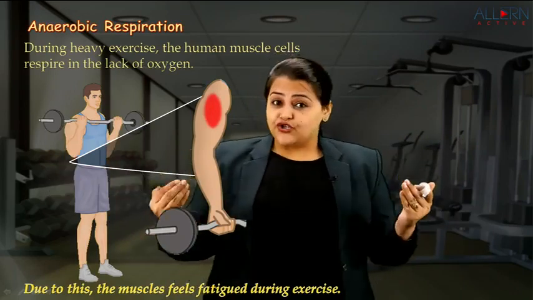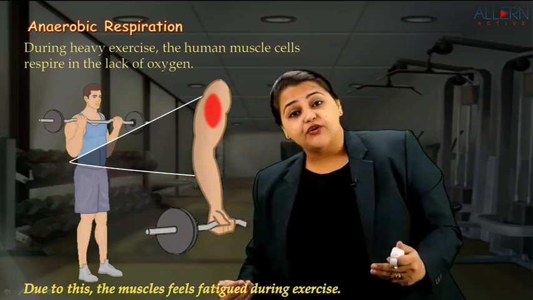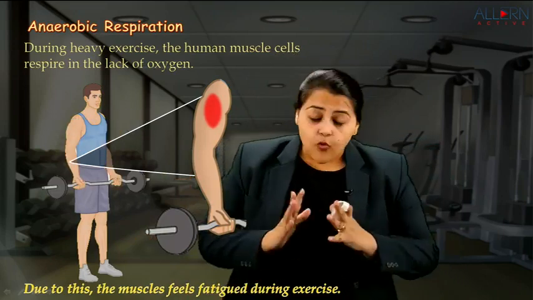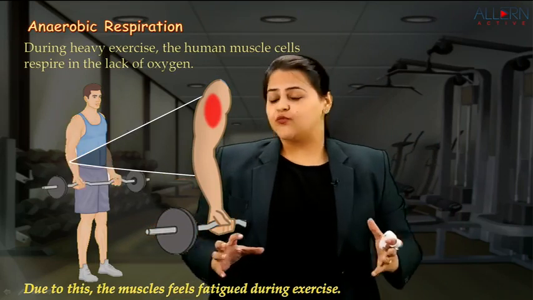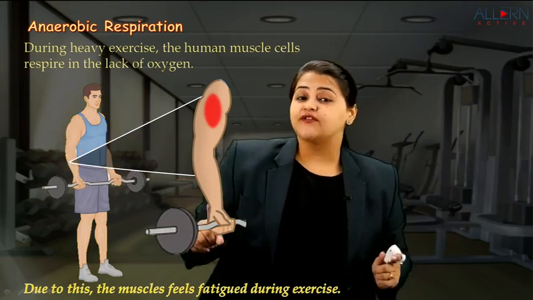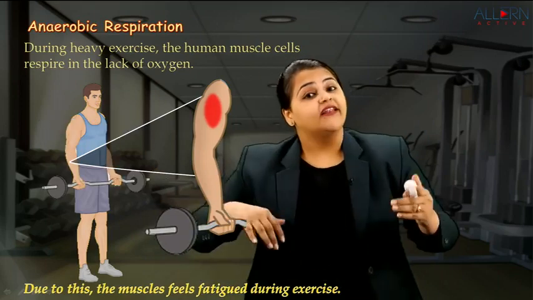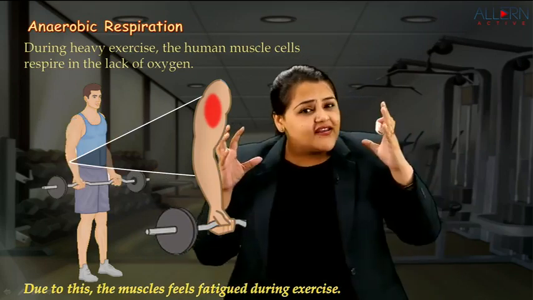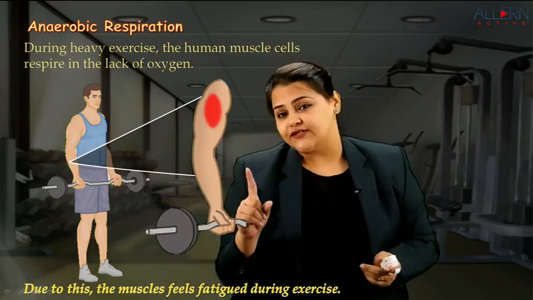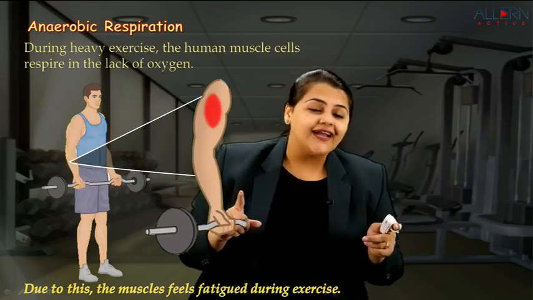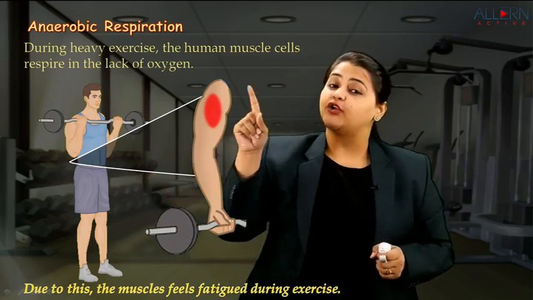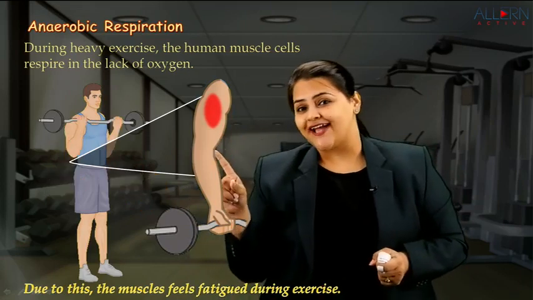Because when we were doing vigorous exercise, we were not utilizing the breathing patterns. We were not breathing properly, as a result of which our body underwent another environment wherein oxygen was not present in enough amounts. That is wherein all the pyruvate got converted into lactic acid.